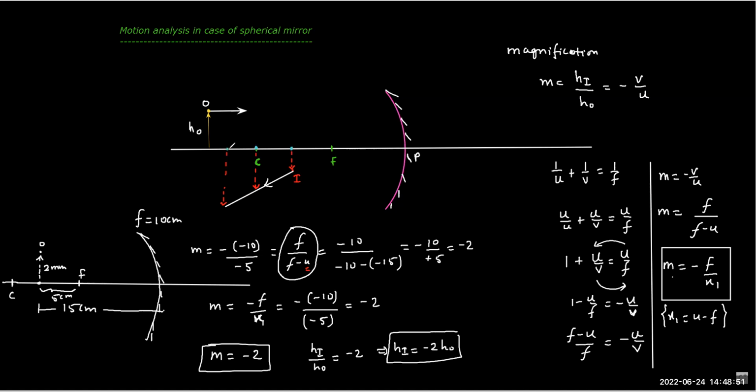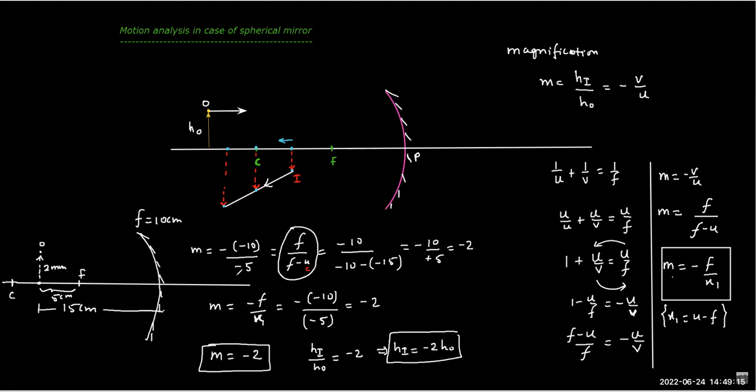This point is always moving left, but the tip, if you think, the tip is the image. The tip will keep on moving in this fashion. And the moment you reach the F, the tip will become infinitely away. I mean, I cannot show it actually. That's very interesting.